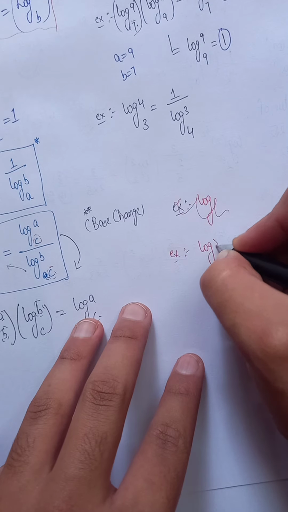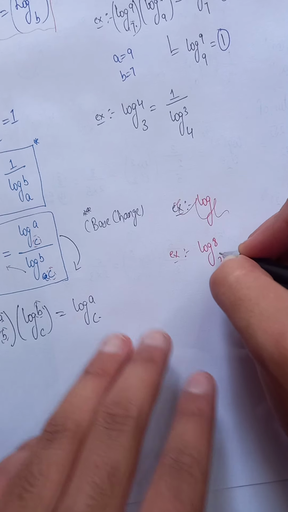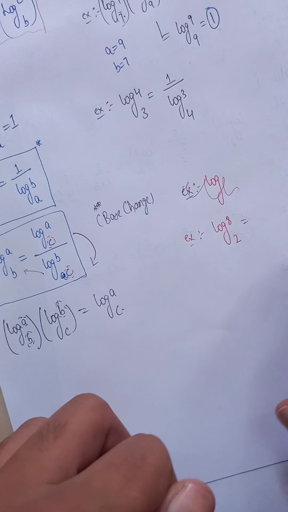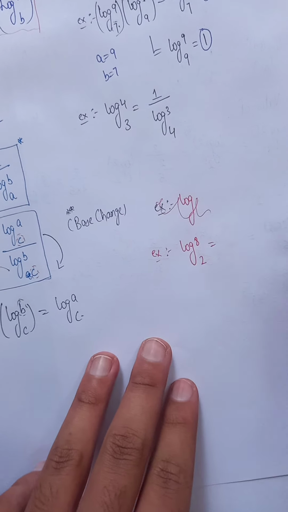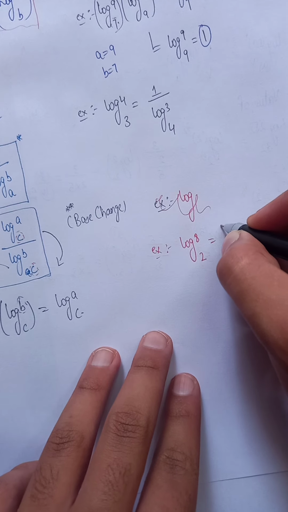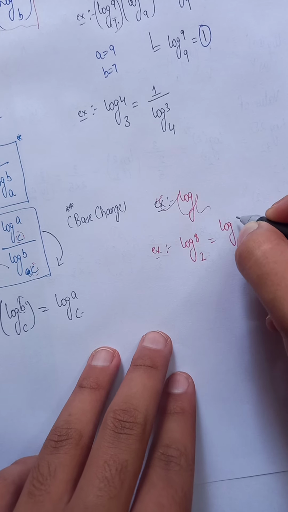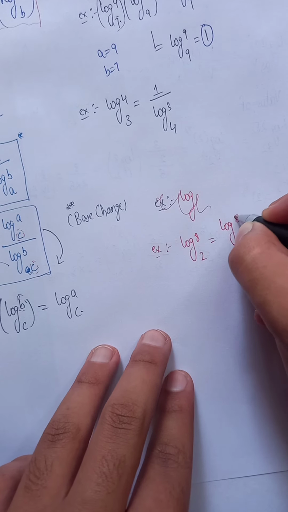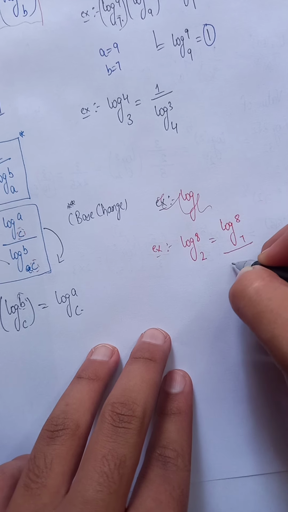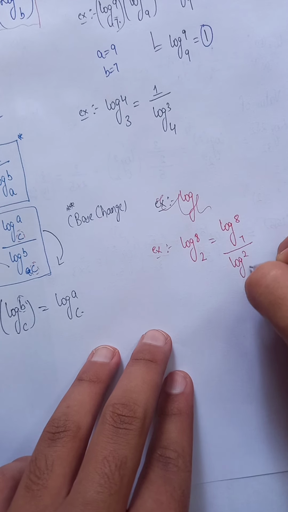Log of 8 to the base 2, just convert it into this form. So you can write it in many different ways. One way is like this. Okay, log of 8 to the base 7 upon log of 2 to the base 7.